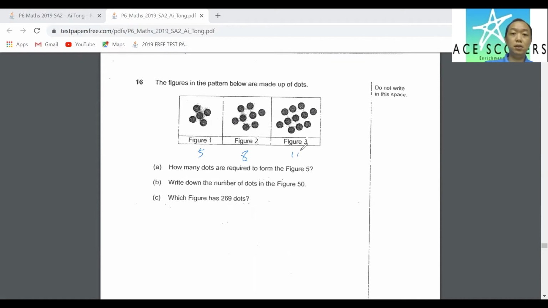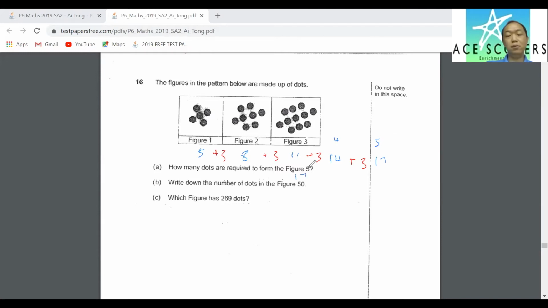Okay, so we can see that this is plus 3 as well. Okay, so figure 5, you plus 3, and then you need to plus 3 again. This is the simplest way to do this. So plus 3 is 14, plus 3 is 17. So this figure 4, figure 5. So figure 5 is 17.